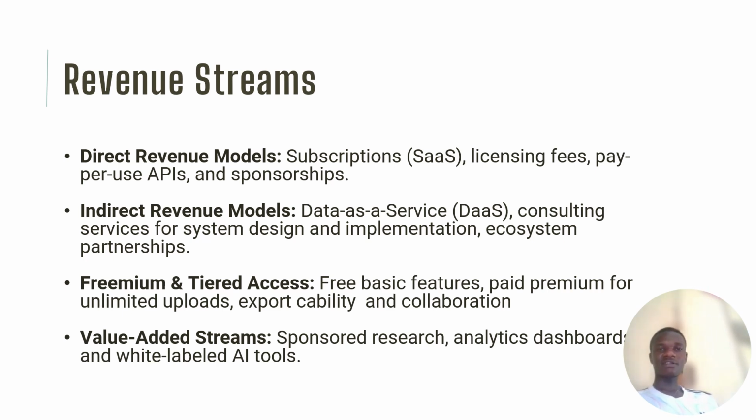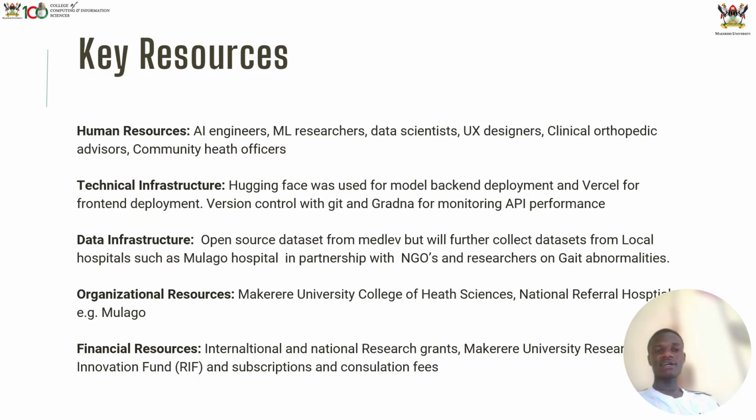A number of key resources are mandatory: human resource, the technical infrastructure for hosting, and everything as far as cloud is concerned. The data infrastructure from where we get our custom data sets, the open source data sets, and all that do need important resources in this.